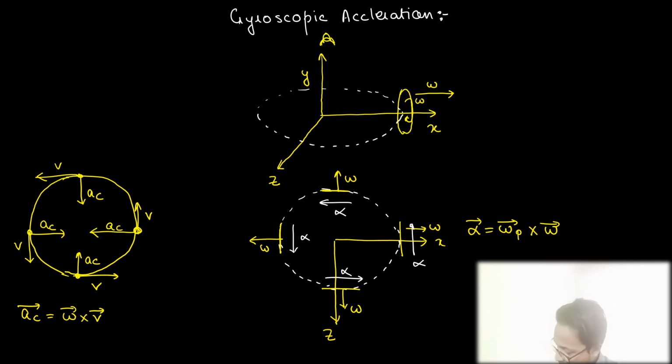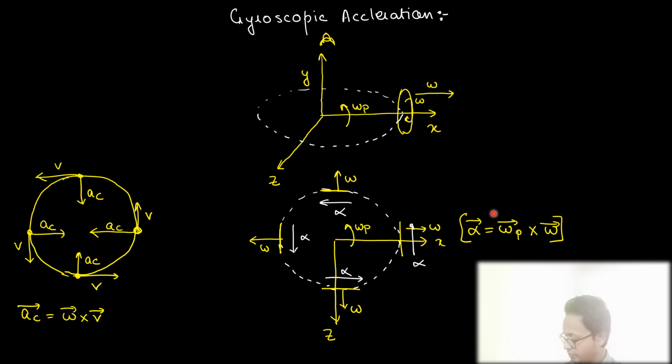Omega p is nothing but the angular velocity with which the disk revolves around this circular orbit, and it is called the angular velocity of precession. But omega is the angular velocity of the wheel. That means omega is the velocity through which the wheel rotates. Omega p, or precession angular velocity, is through which the wheel moves around this circular orbit.